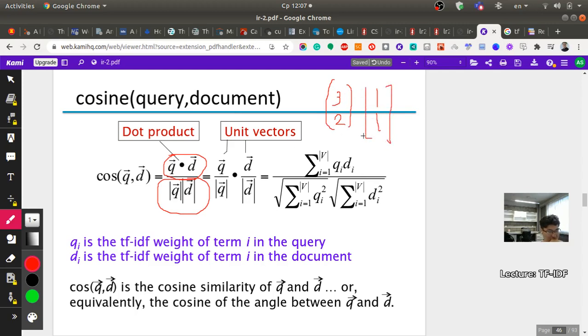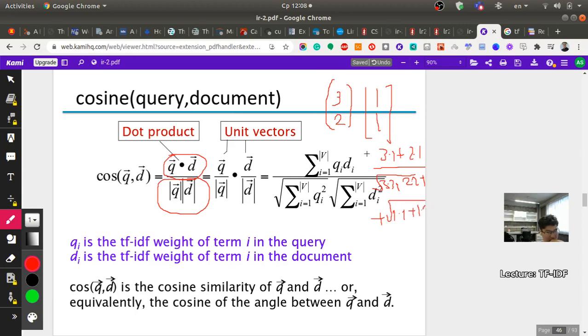To take the cosine distance, you do 3 times 1 plus 2 times 1, and divide it by the square root of 3 times 3 plus 2 times 2, times the square root of 1 times 1 plus 1 times 1.